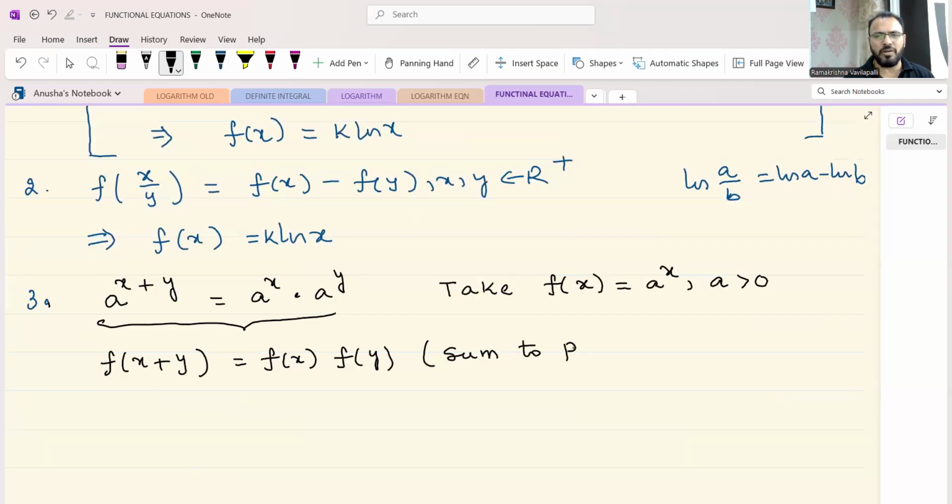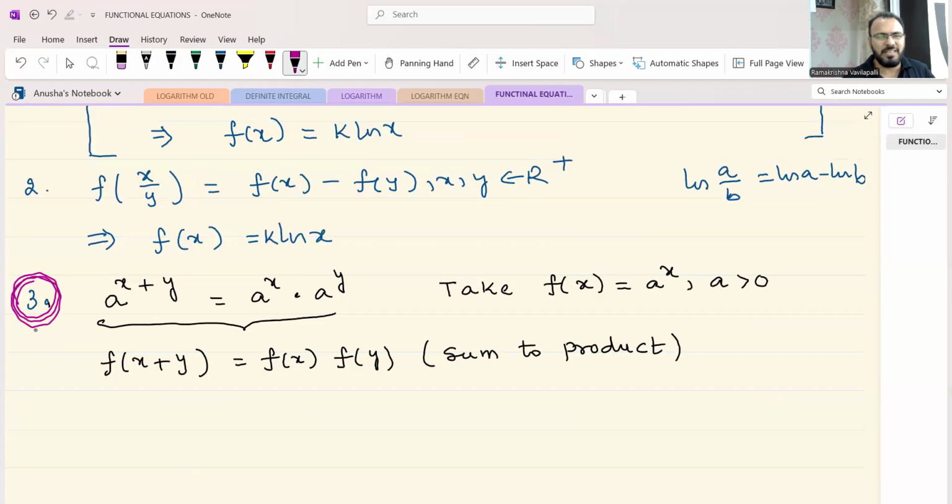This is sum to product. So another standard functional equation we have derived is f of x plus y equals f of x into f of y. In most of the exams, you will find this model very frequently.